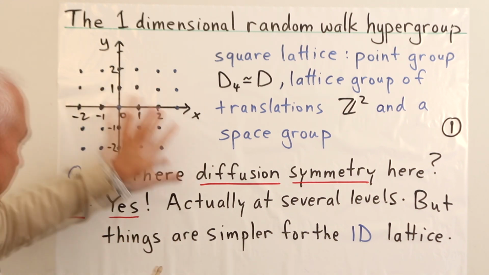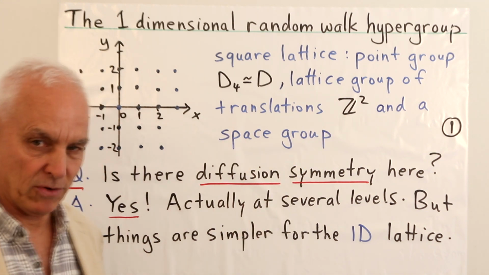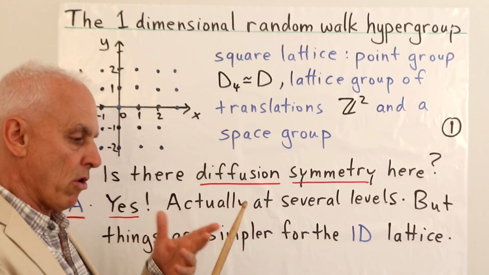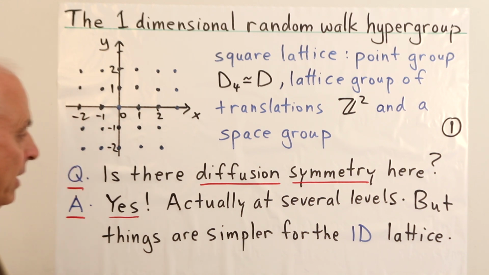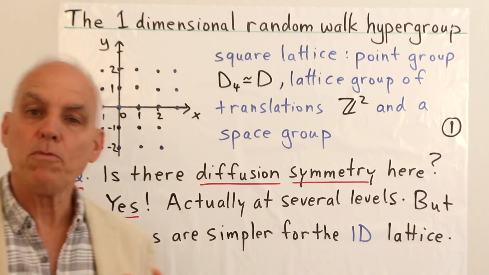You can translate one to the left or right, or one up or down. So that gives us a translation group, sometimes called Z2. And together then these things form a space group. So we can act by translations or by these point motions. And so we get what the chemists call the space group. Now that's from the traditional group theory point of view.